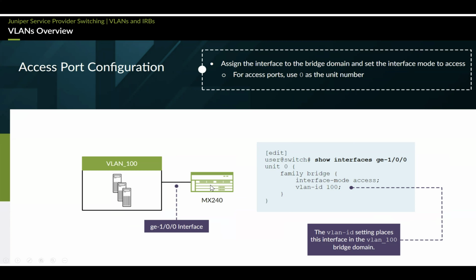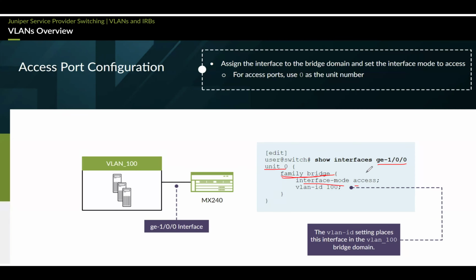It's an MX204 router. If you want to configure one port as an access port, just configure this port with family ethernet-switching. Ethernet-switching means layer 2. And you have to mention unit 0.